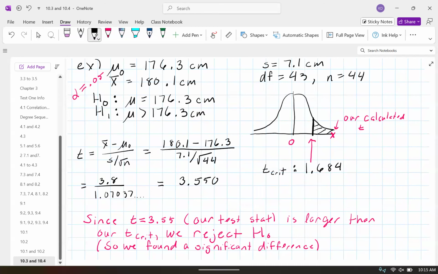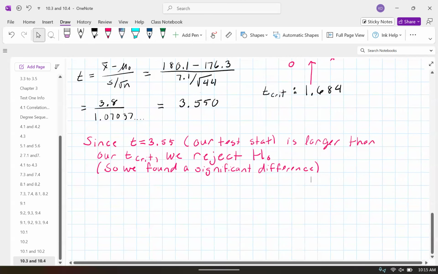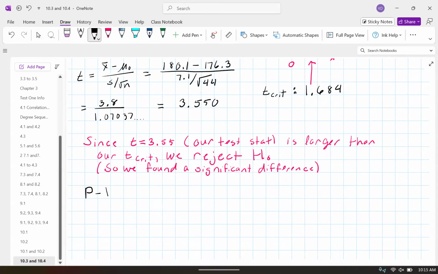We're gonna do the same thing, but now we're gonna use our test value or p-value method. It's a one-tailed test, so we just use our regular alpha. And our test value, 3.55.